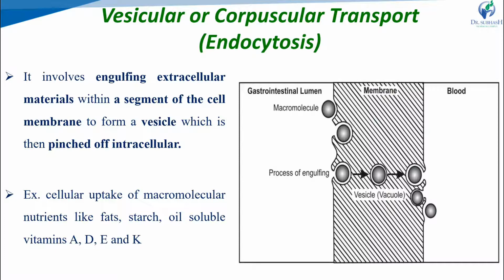And the last one for the mechanism of drug absorption is vesicular transport, which we can call endocytosis. That is a minor type of mechanism of drug absorption. It involves the engulfment of extracellular materials or drug molecules within a segment of the cell membrane.